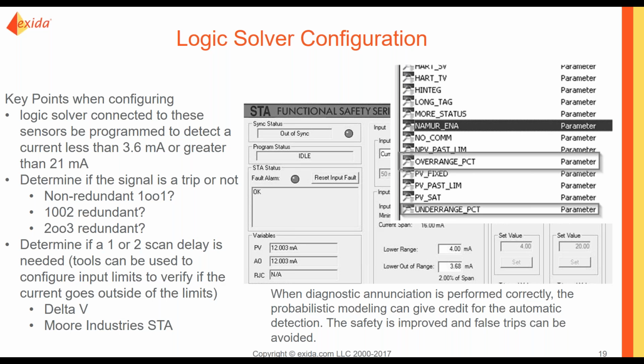Depending on the logic solver, 1 or 2 scan delays may be needed as well to avoid false trips as the analog signal transitions from its normal current level to a failure indication current level. Many logic solvers have pre-configured input blocks with all appropriate logic already designed and already tested.